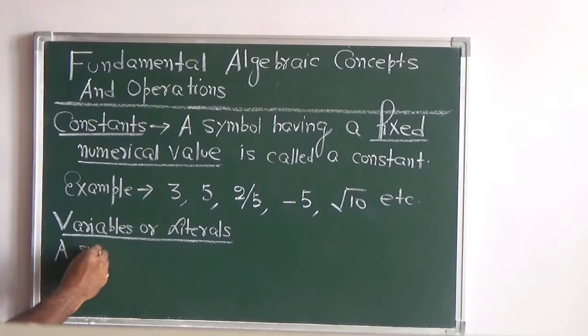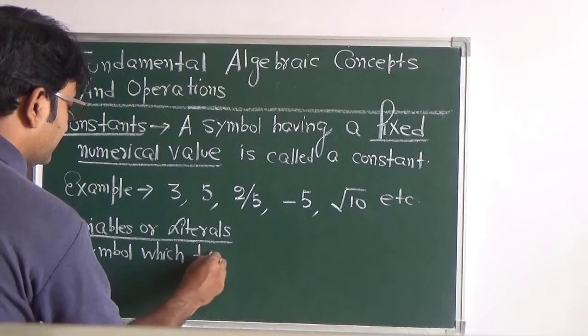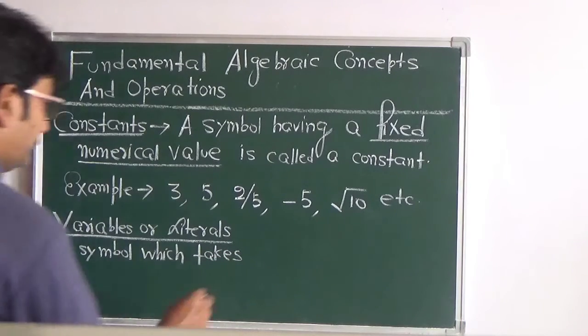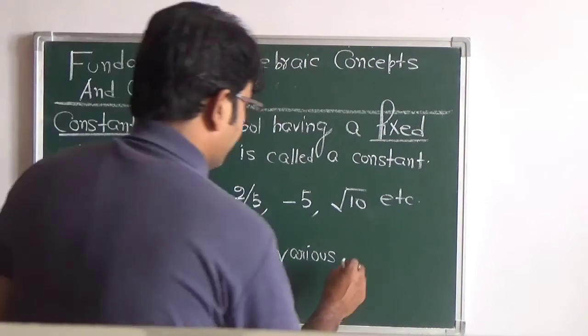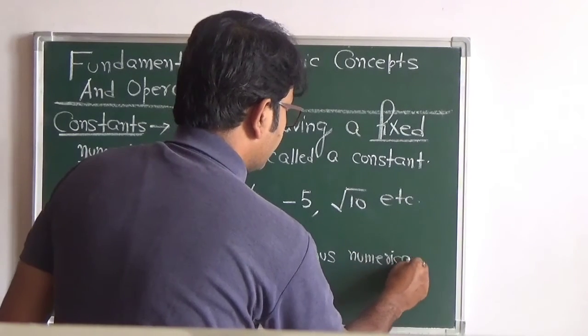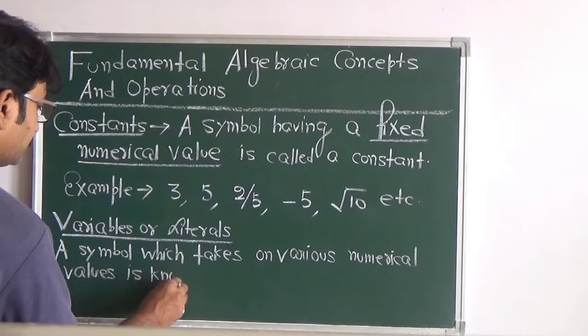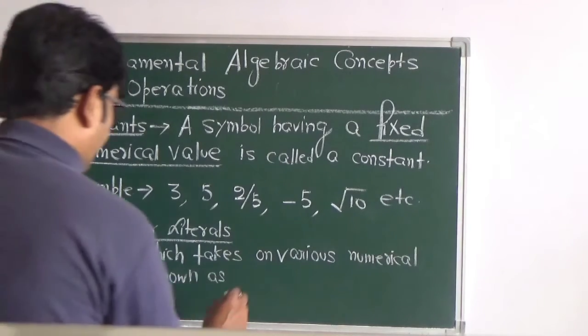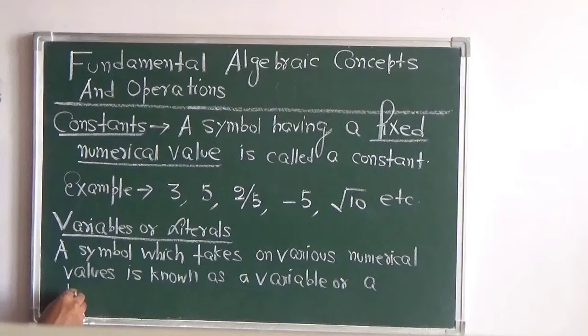A symbol which takes on various numerical values is known as a variable or a literal.